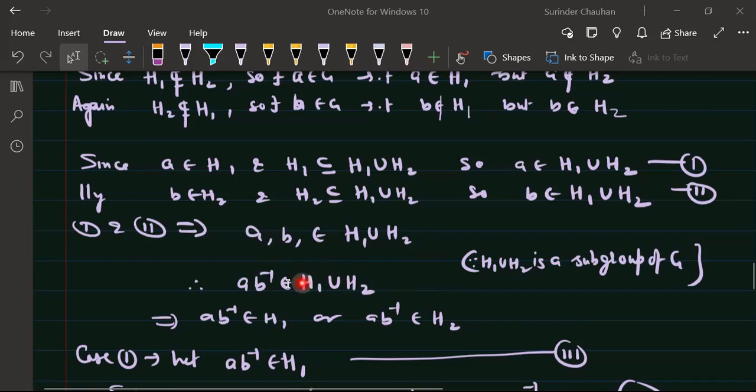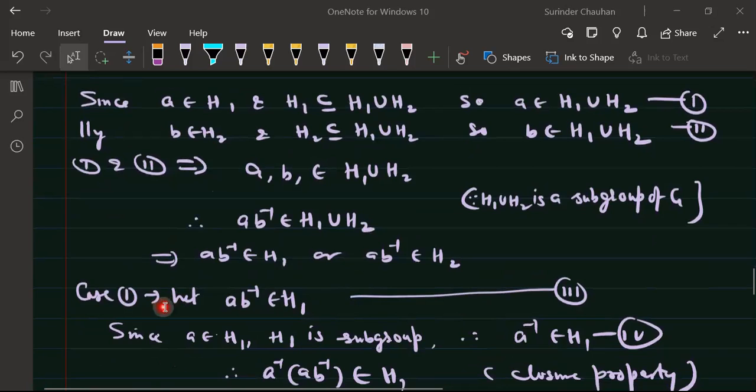This implies ab inverse belongs to H1 or ab inverse belongs to H2. Now, case first, let ab inverse belong to H1. Since a belongs to H1 and H1 is a subgroup, a inverse also belongs to H1.